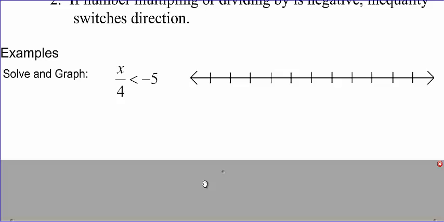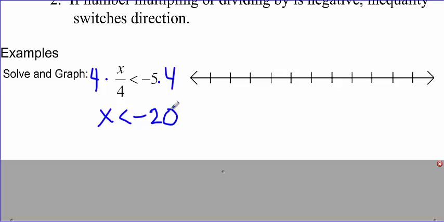So it says solve and graph x divided by 4 less than negative 5. So think about how we would solve this. We would multiply both sides by 4 and get x less than negative 20.